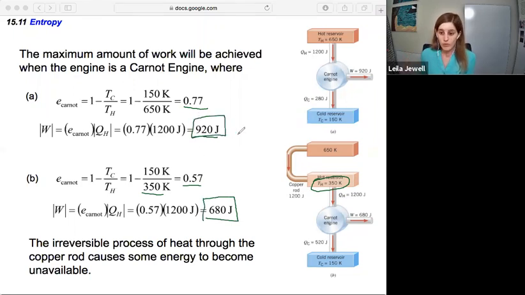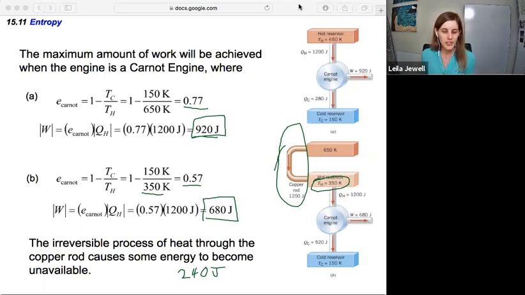So this irreversible process of heat flowing through the copper rod causes some of the energy to become unavailable. If we take the difference between these, we'd find that there's 240 joules that is now unavailable for doing work. We get less work out because of that increase in entropy due to the copper rod.